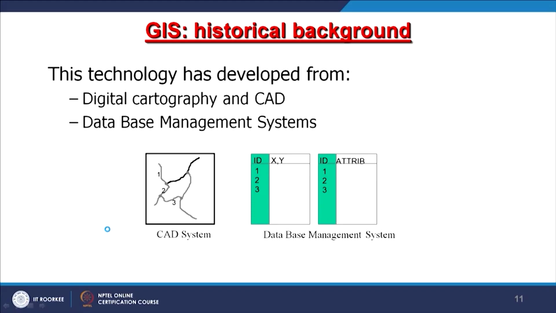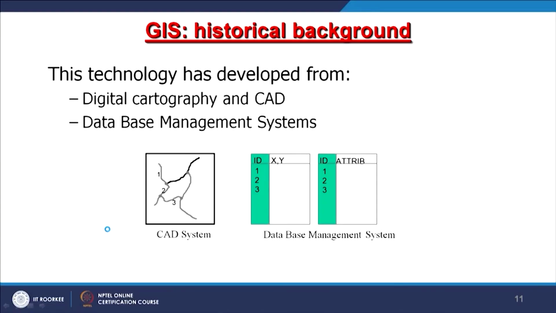So the concepts, technologies, and tools which are there have also been incorporated into the GIS. And database management system or DBMS is also a very integral part of GIS, except that here we handle spatial or geographic data, or data which has a geographic location. So database management tools are also in the GIS.